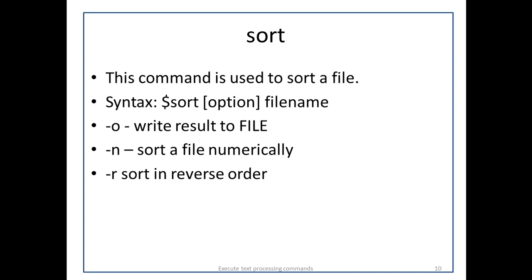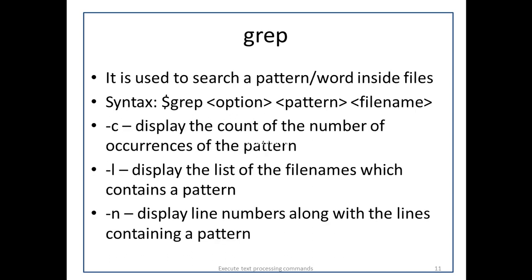When we have a mixed file with both uppercase and lowercase letters, the lowercase letters would be sorted first, followed by the uppercase letters. These are the options of the sort command. -o writes the result to the file. -n will sort a file numerically. -r will sort in reverse order.